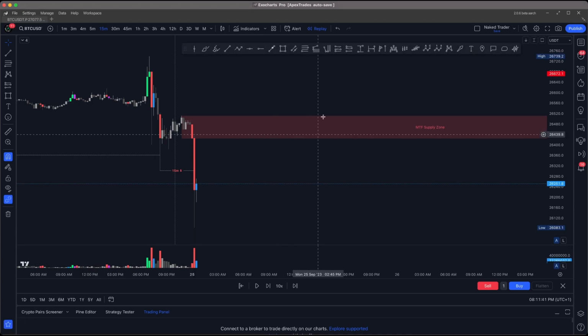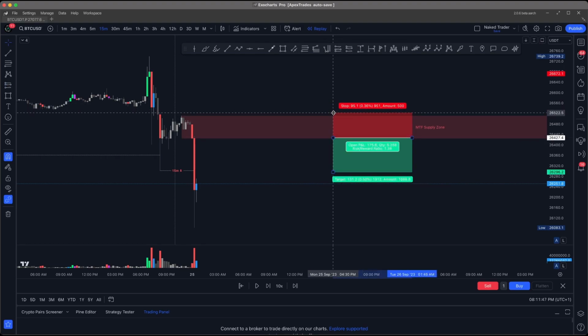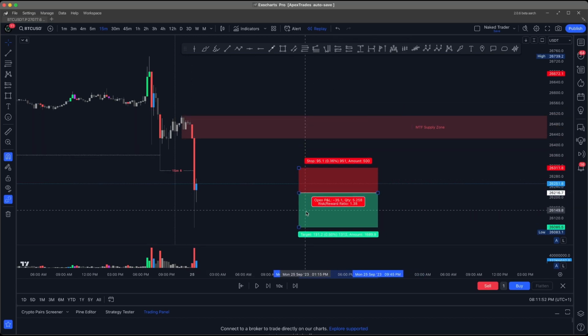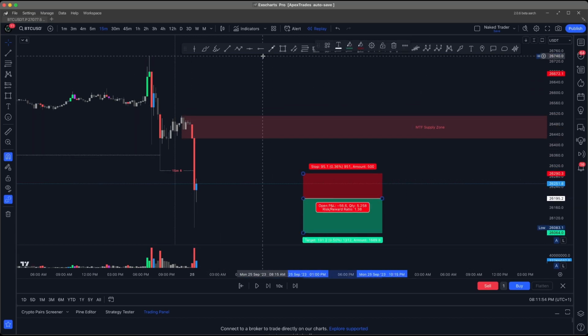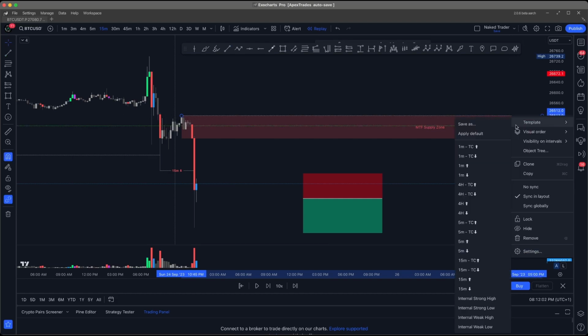So if I was to put, like we did last time, a sell order in, short here, just above this zone, because now what have we got here, just to make sure that we're covering our tracks. This is the high, this is the move that broke that zone, so we call that the internal strong high.